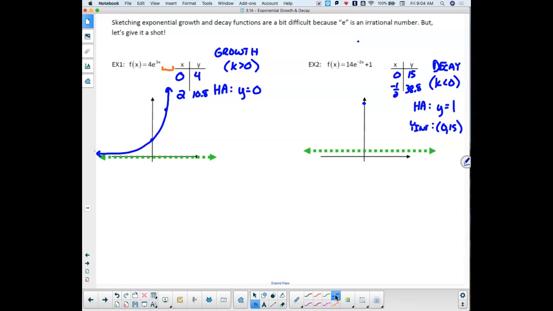Okay, so if we would have chosen, I'm going to make my t-chart down here. If we choose x as 1, then we got e to the negative 2 power times 14. Somebody with a calculator, e to the negative 2 times 14.